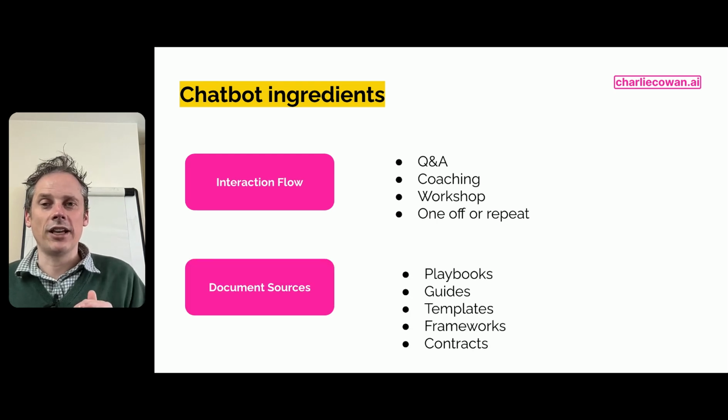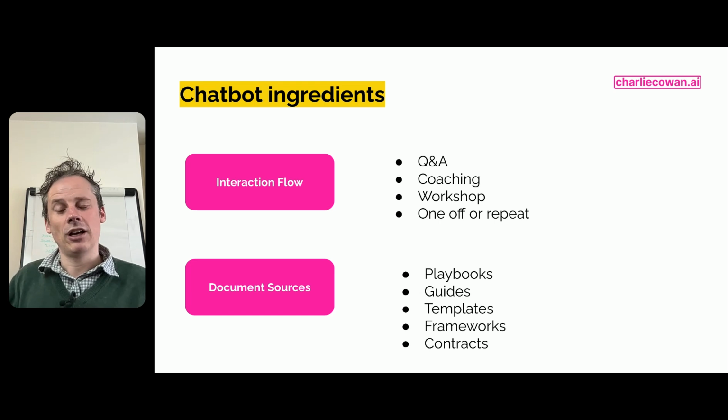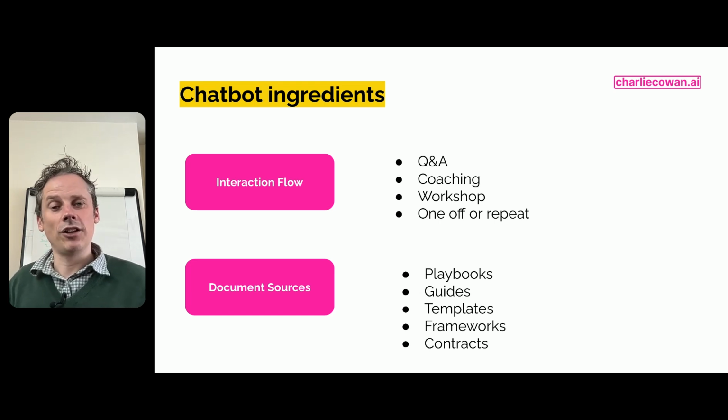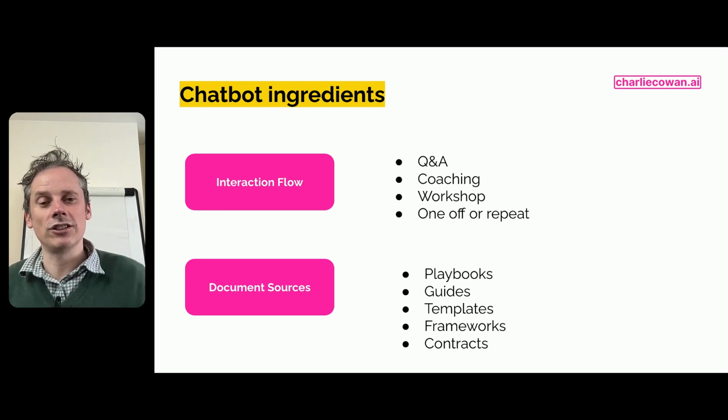The second thing to think about as an ingredient for your chatbot is the knowledge sources. So what are the things that if the customer was speaking to you or one of your team, they would be accessing? Well, we've got this playbook that tells you how to do that. We've got this guide which walks you through how you onboard or implement.